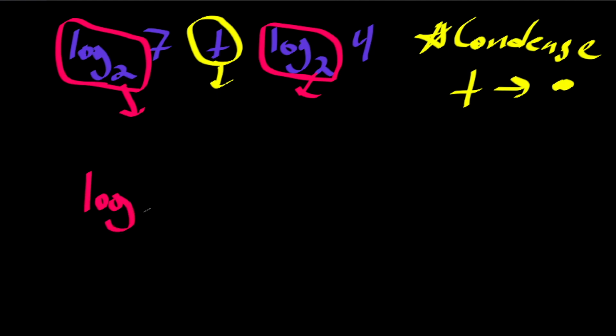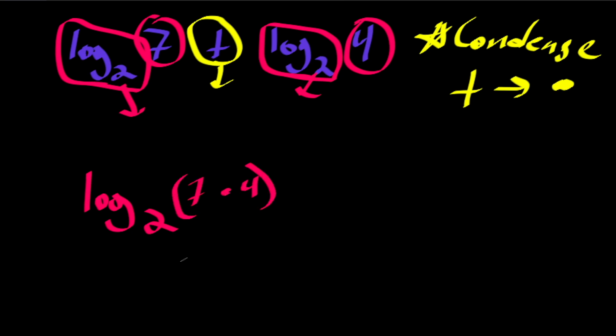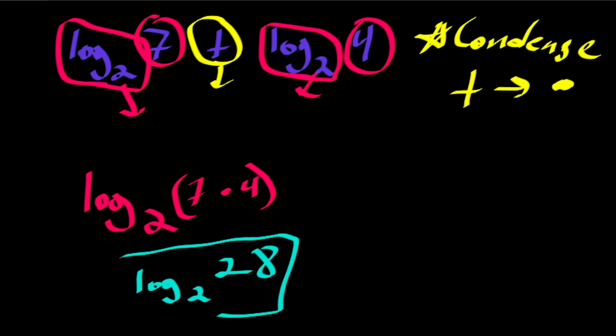So we say log base 2, and then we bring down the 7 and 4, what was in our x and y positions, and we multiply those. 7 times 4 gives us log base 2 of 28. We could evaluate that, but to keep this video short, I'm not going to.